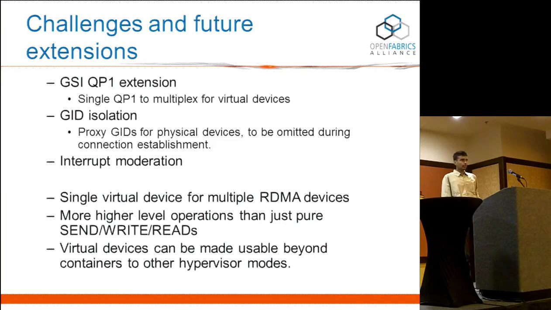There are a lot of things ahead of us that we want to do, which are not there yet, like the QP1 extension. Right now, for QP1, there is a one-to-one queue pair for virtual device and physical device.